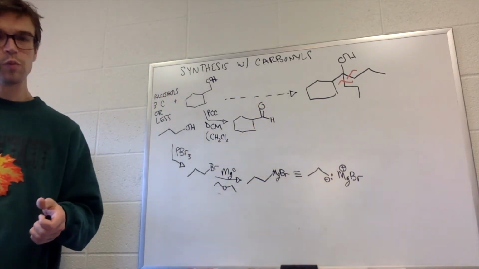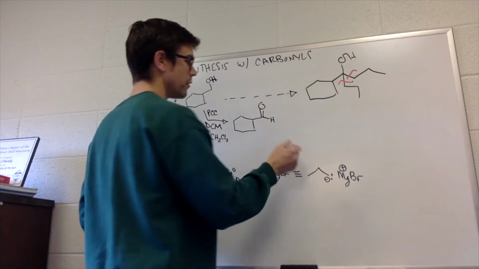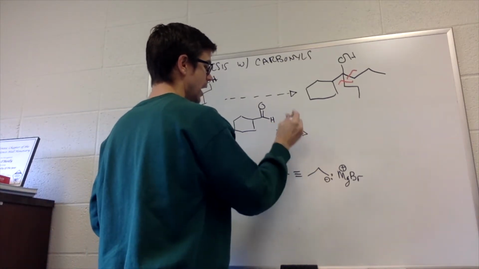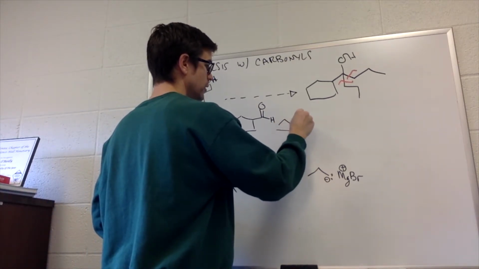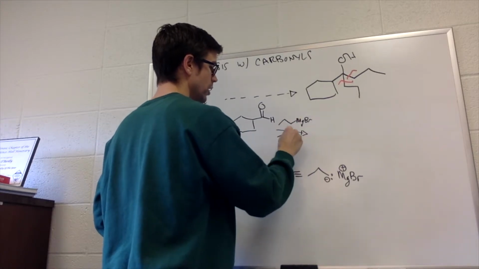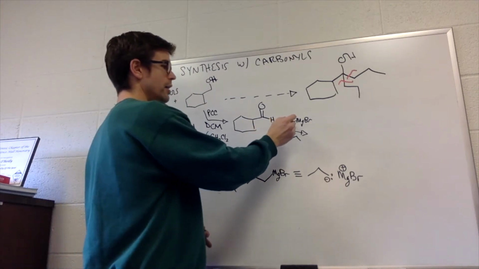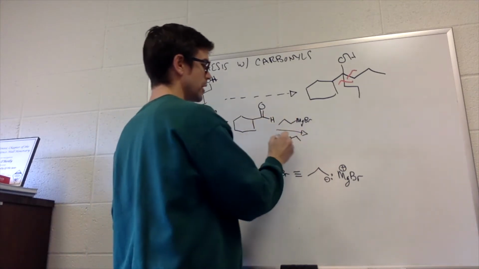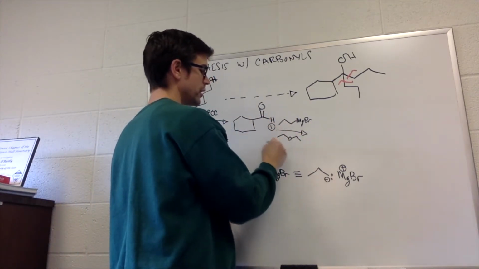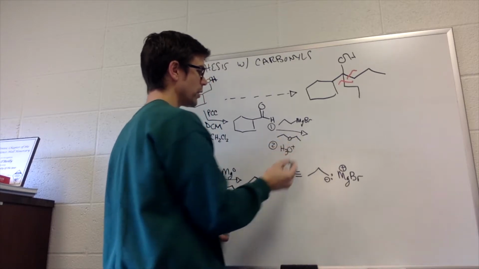At this point, we can just add one equivalent of our Grignard. If we add this Grignard in our aprotic solvent, diethyl ether, that's going to add these 3 carbons to that position right there. That's our first reagent. Our second reagent is just an acid quench, H3O+.